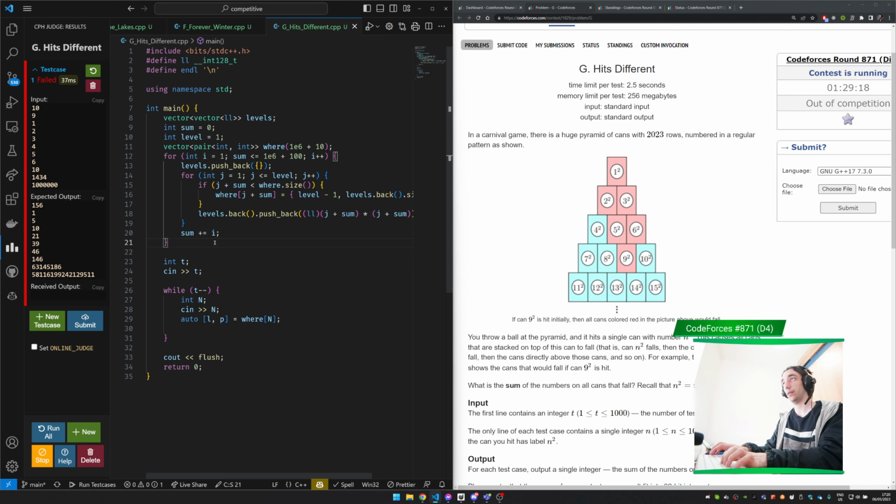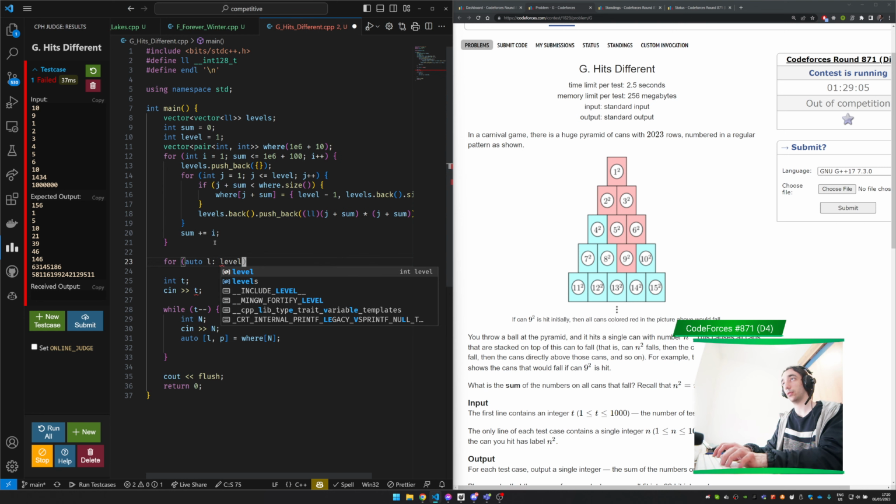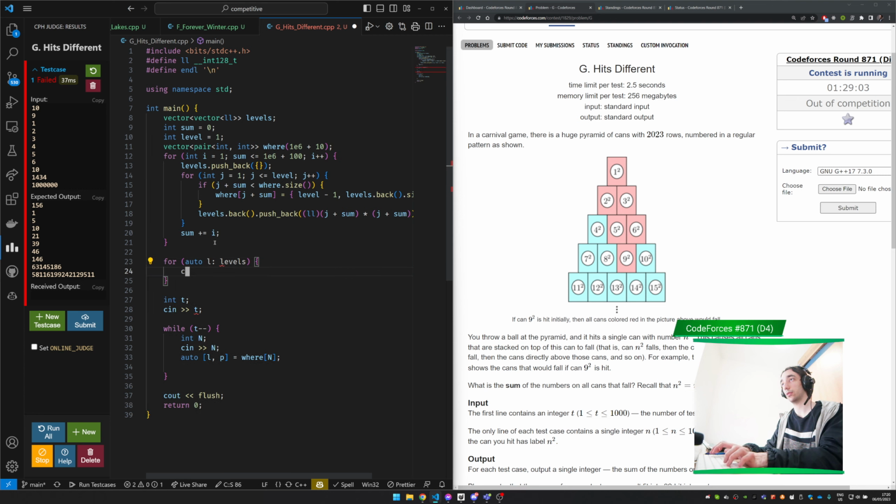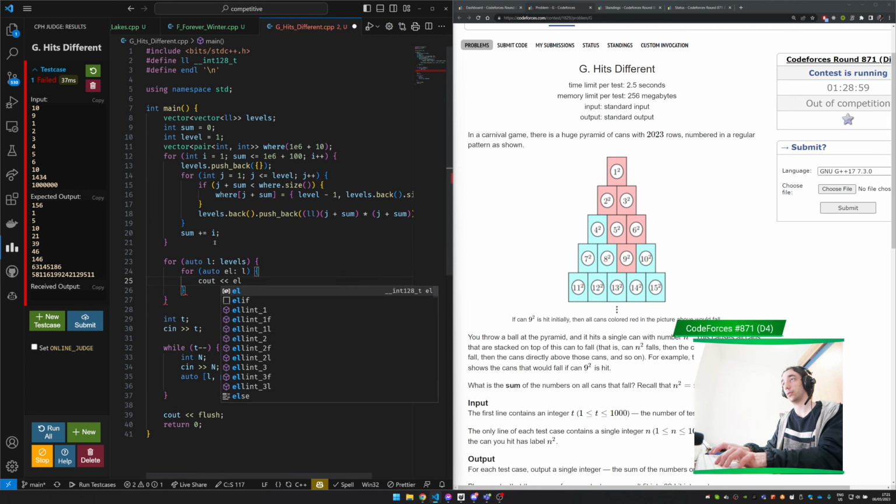This is very fast. Okay, so can I just print out, just for you guys to see, the levels? Out the element in level, I will print out each element.